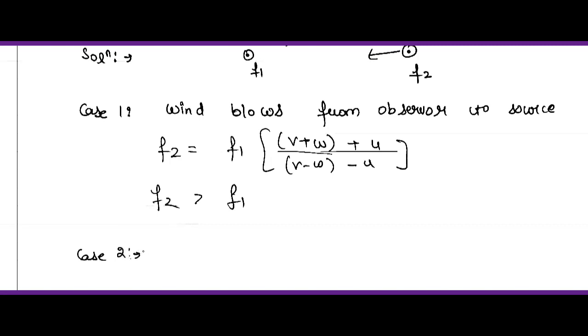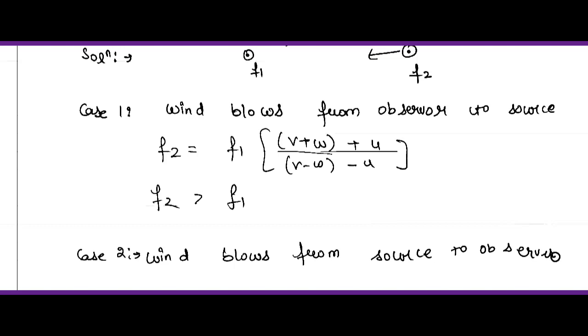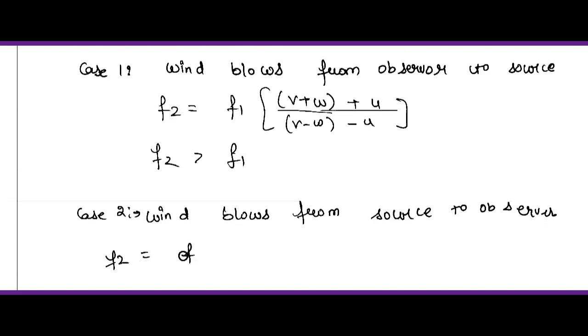and if wind blows from source to observer, in this case we get f2 is equal to f1, into v plus w, and this is u, divided by v plus w minus u here.